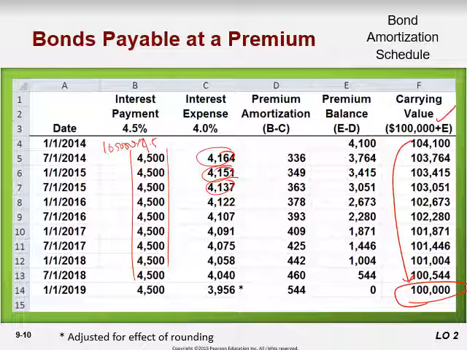So 104,100 multiplied by this 4%, 103,764 multiplied by here 4%. So this came from here, and at the end, this is the plug figure here, because at maturity, it has to be equal to 100,000.